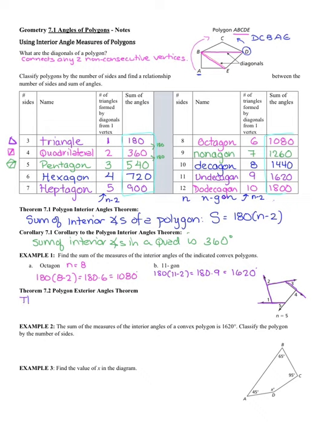But the sum of the exterior angles, so if we added up, like in this one, angle 1, 2, 3, 4, and 5, the sum of the exterior angles of any polygon equals, drum roll please, 360 degrees, always, no matter how many sides.